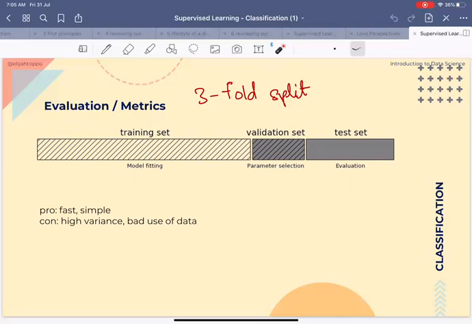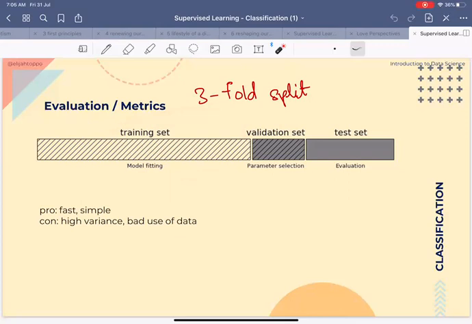Now, in this method of threefold split, we take the entire data and divide it into three splits: training, validation, and test set. The pro is that this is a fast and simple method. The con is that there is high variance and bad use of data. When I say bad use of data, if you have less data, then you're training your model with only a small part of your data, and because of that your model may not be able to capture the patterns.